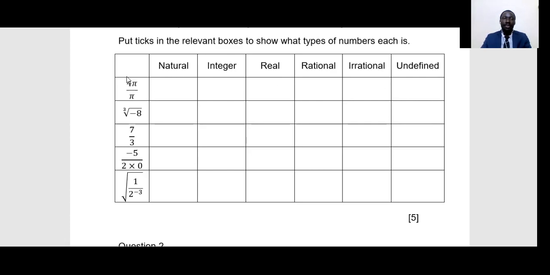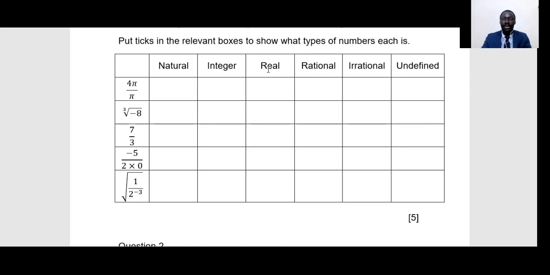If we notice that 4 pi divided by pi is, for example, not an integer, then we leave the box open. So it's about putting a tick inside the box or not. The tick that we put will be the description of whether this number is a natural number, an integer, or a real number.